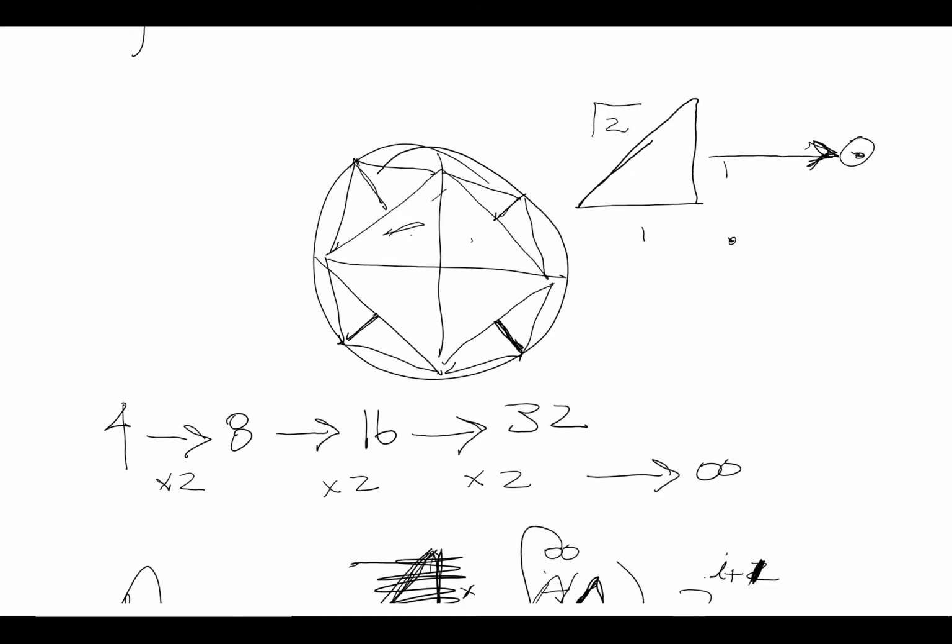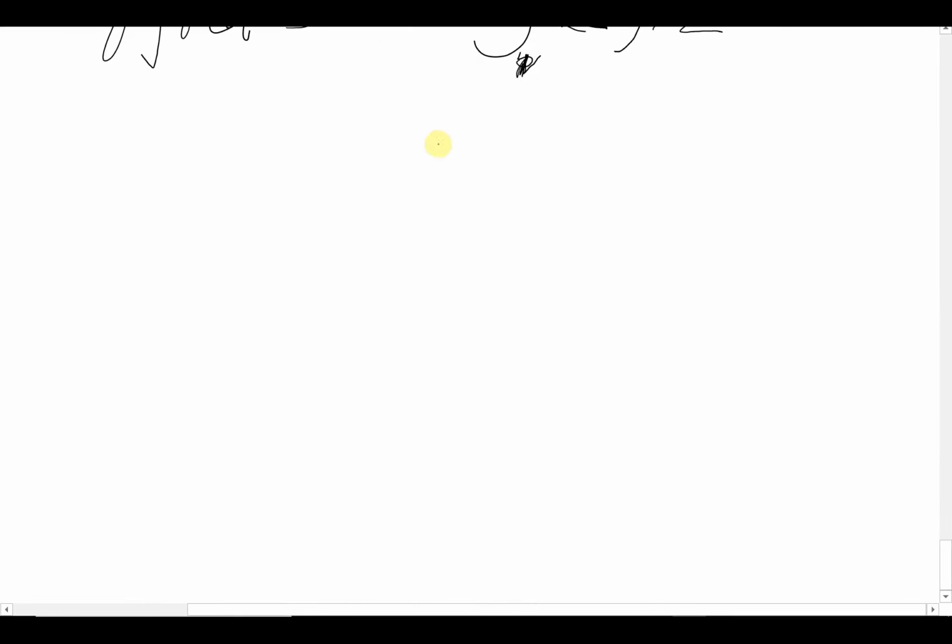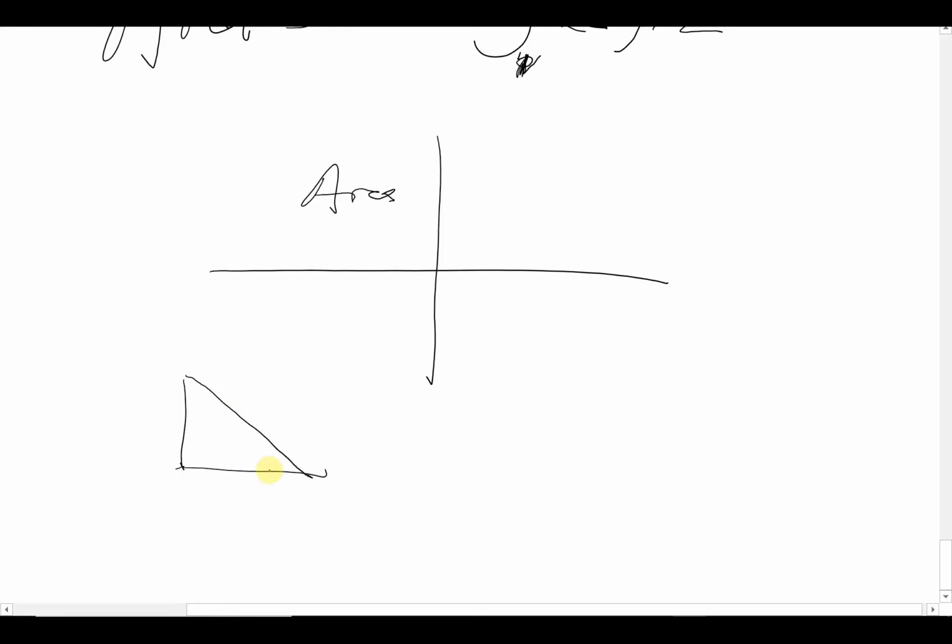So it converges. If you relate this as a function, what is it, the area of the first triangle, 1, 1, root 2, base times height divided by 2.